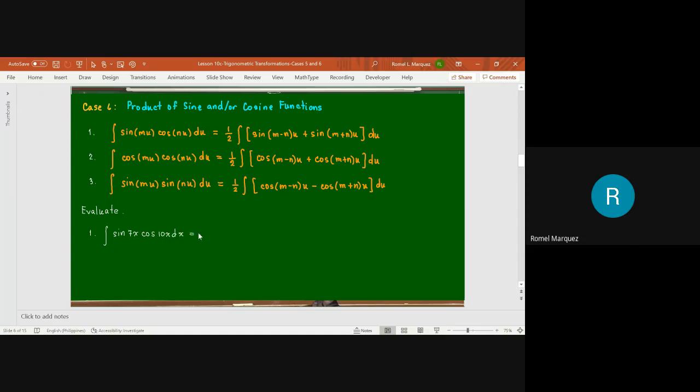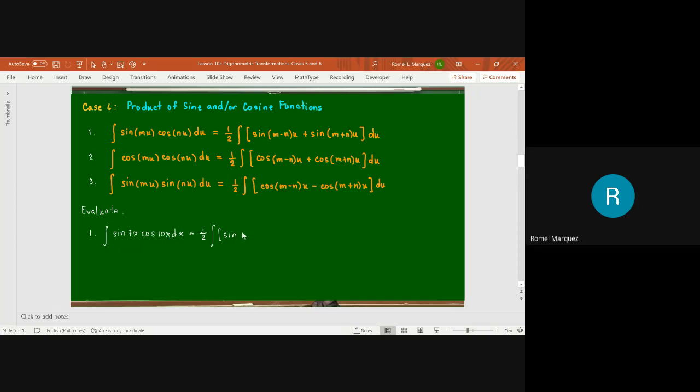This is equal to 1/2. So this takes the form of number 1. Okay, guys? So we now have 1/2, then sine of, you get the difference between 7x and 10x.